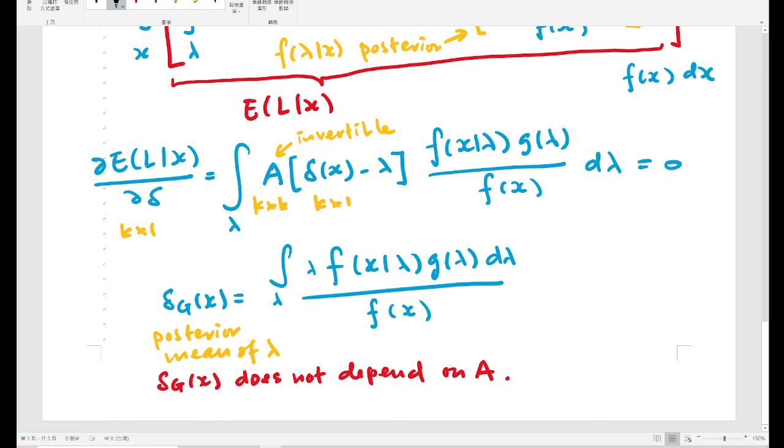The optimal decision delta G, as usual, equals the posterior mean of lambda, but it is independent of A. So it is an interesting remark. So for any positive definite matrix A, we will get the same decision. It will not affect our decision.